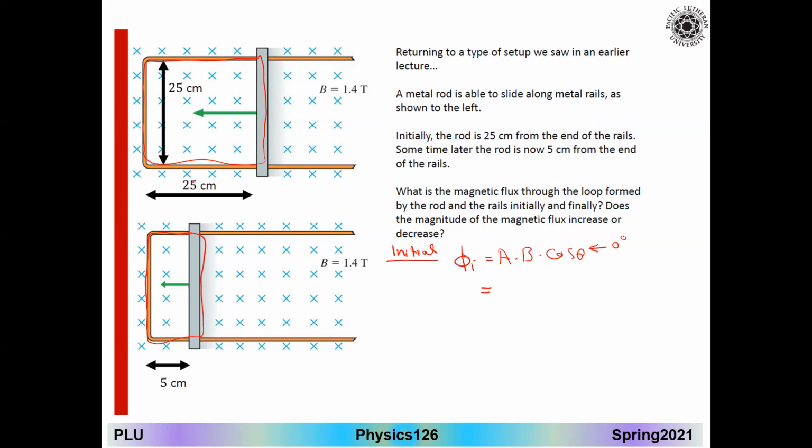For the A, I have 25 centimeters times 25 centimeters, which is 0.25 meter squared, times the magnetic field, 1.4 Tesla, times 1, since cosine 0 is the same value. So as a result, 8.8 times 10 to the minus 3 Weber. And regarding the direction, into the page.